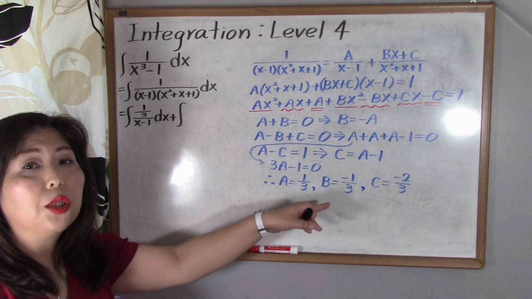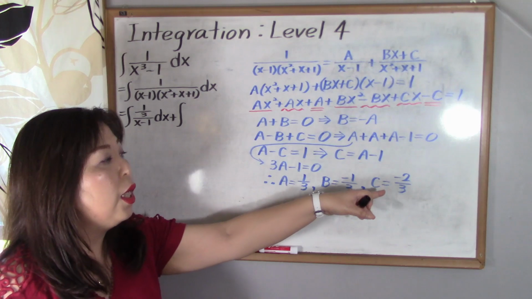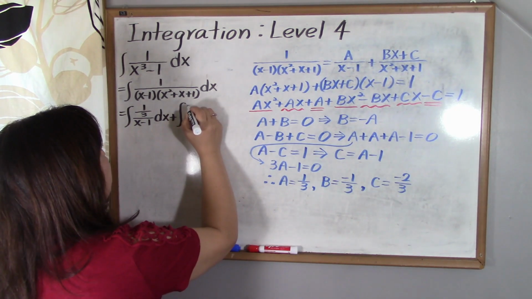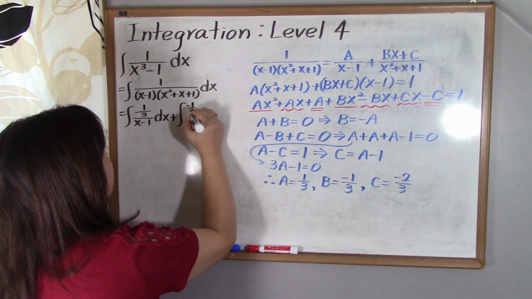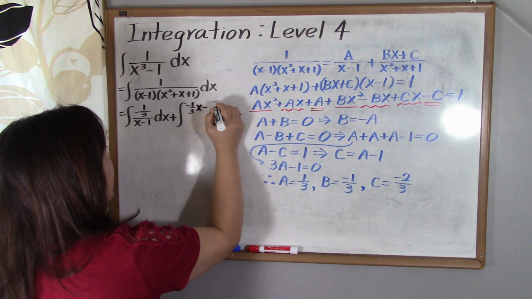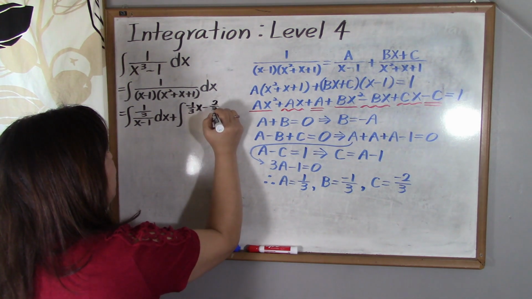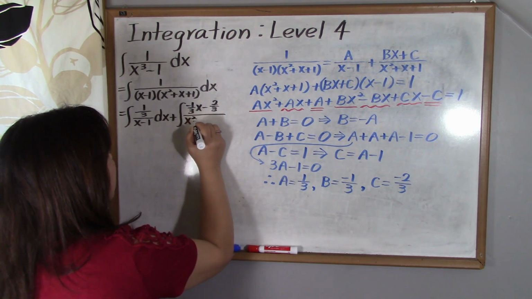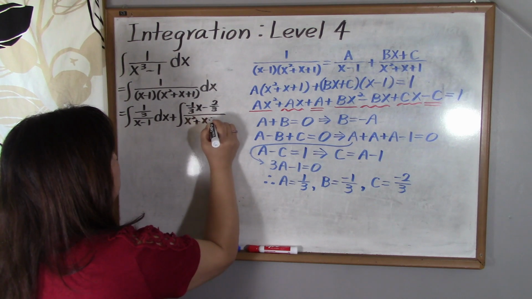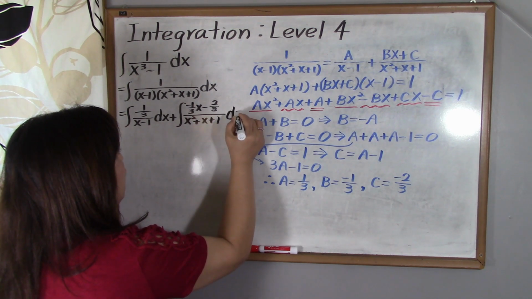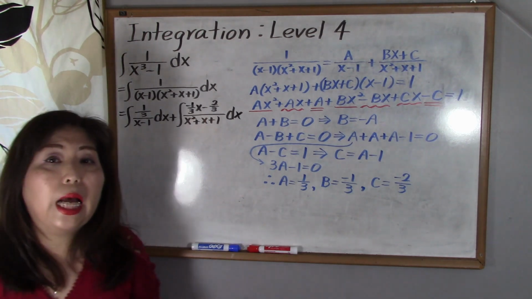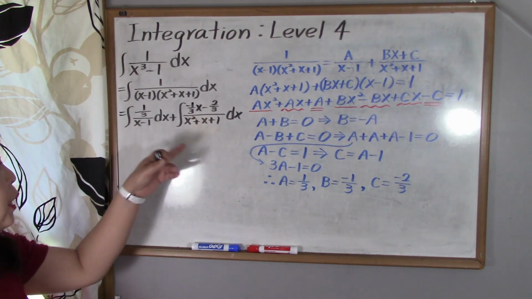So b is negative 1 over 3, c is negative 2 over 3. So integral of negative 1 over 3x minus 2 over 3 all over x squared plus x plus 1 dx. Okay?